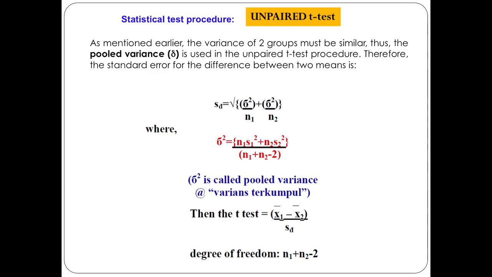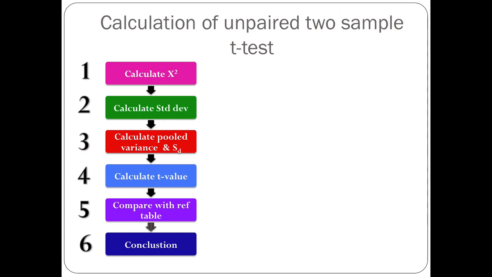So let us look at the steps involved in the calculation of the unpaired two-sample t-test. All the steps are exactly the same as the paired two-sample t-test. The only extra thing we do is calculate the pooled variance and the standard error or standard deviation.